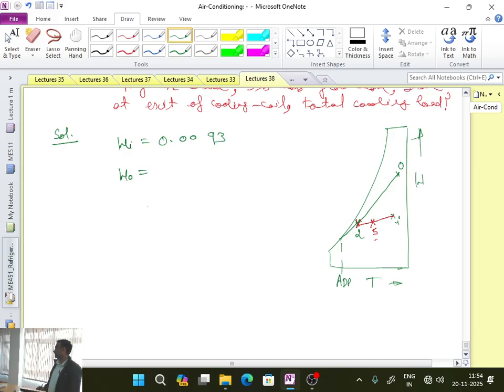W naught is how much? 0.015. Let me check. Yeah, 0.015. Correct. W naught we have calculated. What next?